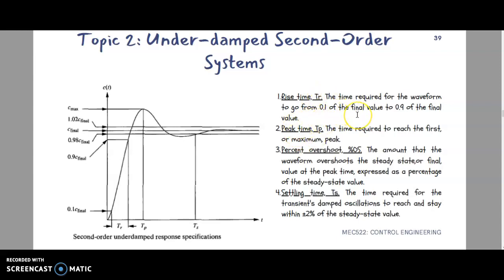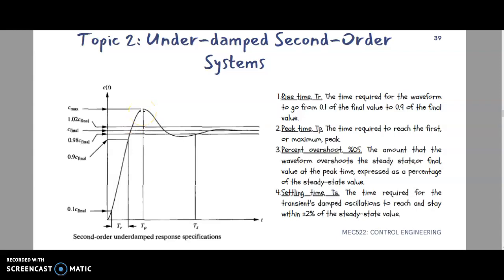Tr is the time required for the waveform to go from 0.1 of the final value to 0.9 of the final value. And then for the peak time, you just take the maximum peak here, and this one we call Tp.